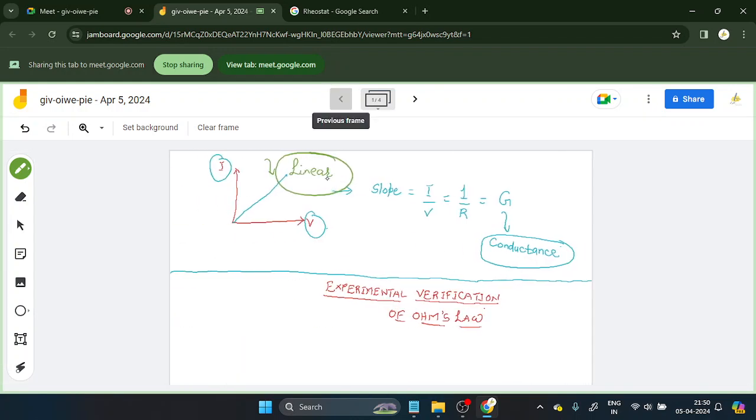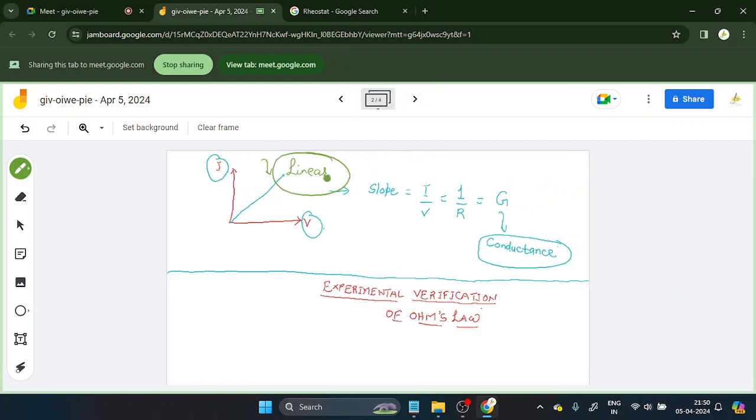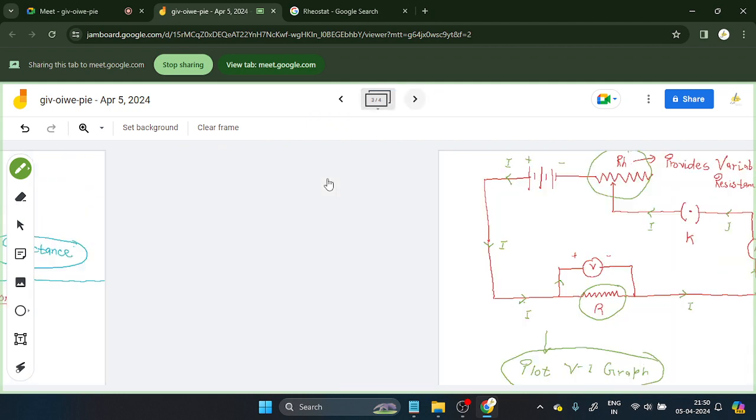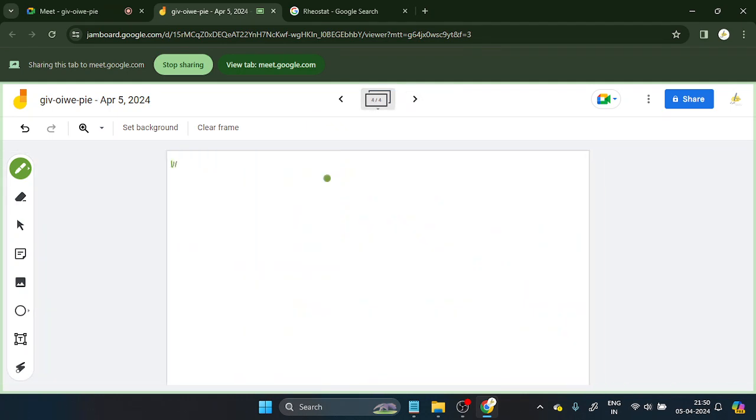This was the second heading, and heading number three is the ohmic resistors and non-ohmic resistors.